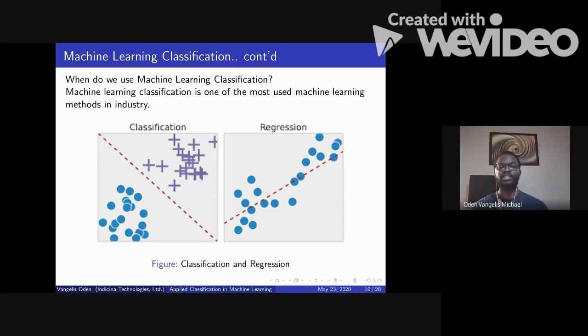And regression is basically trying to use past data to develop a system that once I have new data points, I can always fit. So in regression, we're not trying to find out what class something belongs to. We're trying to just know, okay, for any input, what could be a continuous valued output.